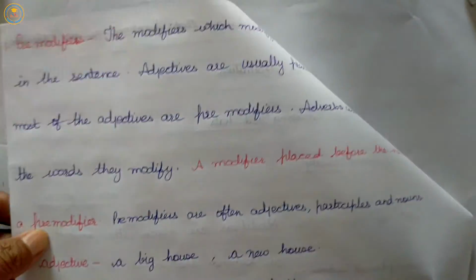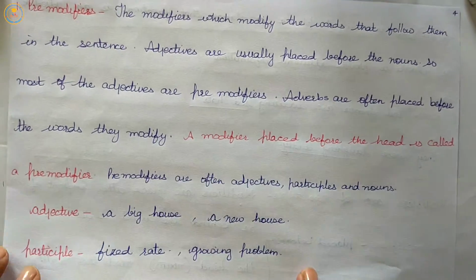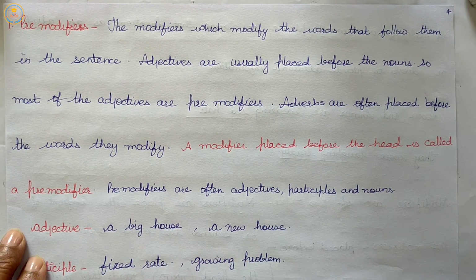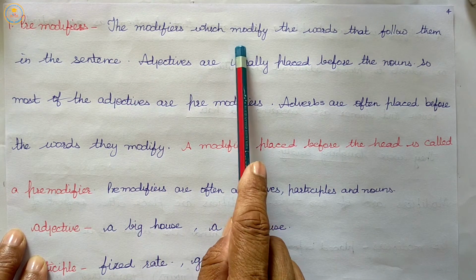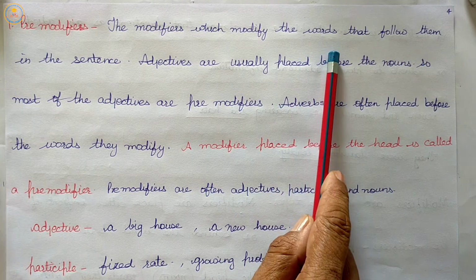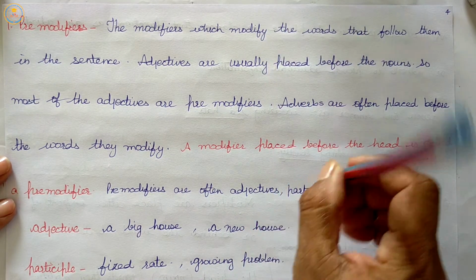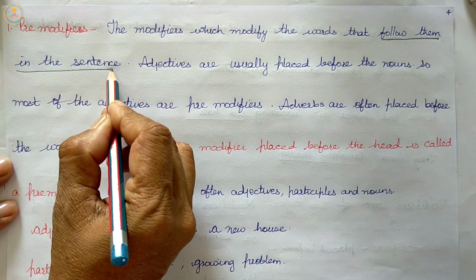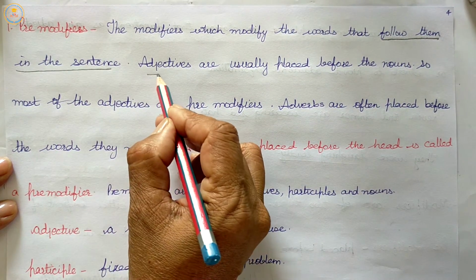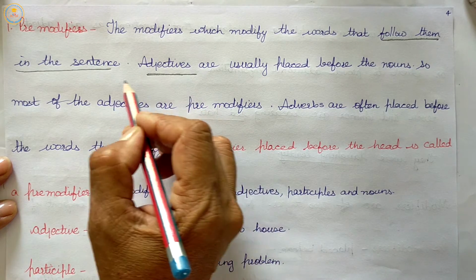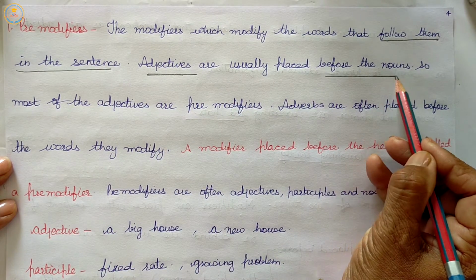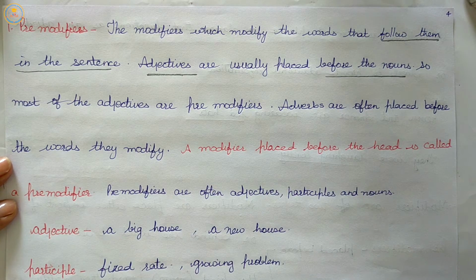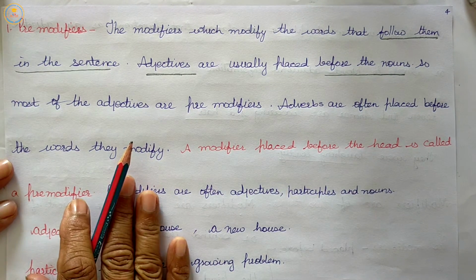Let us clear it with examples and definitions. Pre-modifiers modify the word that follows them in the sentence. Adjectives are usually placed before the nouns. So most of the adjectives are pre-modifiers.